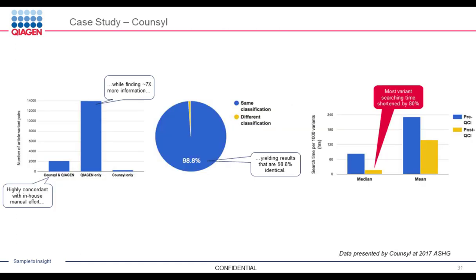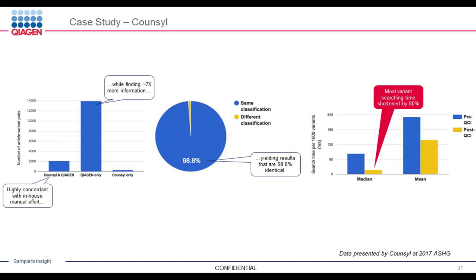So Council presented this information at ASHG in 2007, where they found that their business was scaling up incredibly, and they just couldn't hire enough scientists, and so they wanted to find an automated solution that would allow their existing team to scale their operation. But before making that decision, they wanted to make sure that whatever system they moved into had the same level of accuracy as their own manual system.